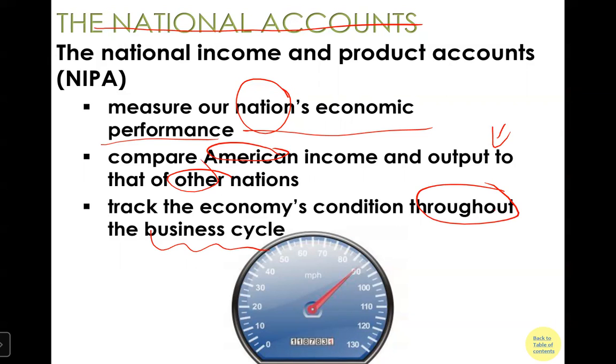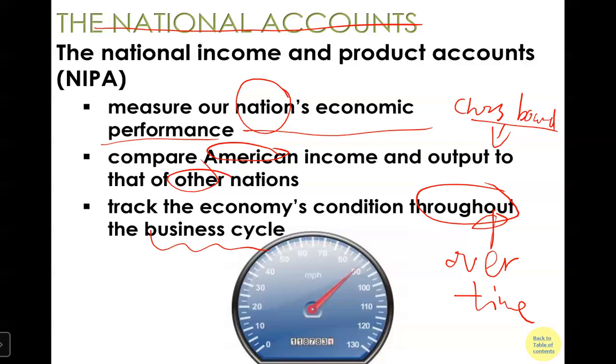And this one is over time. So this is at the same time, this is cross border. We compare country A versus country B. And the other one, we just look at the same country over time, how it did.